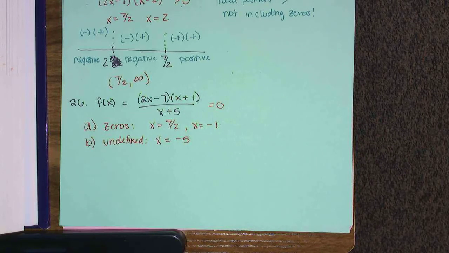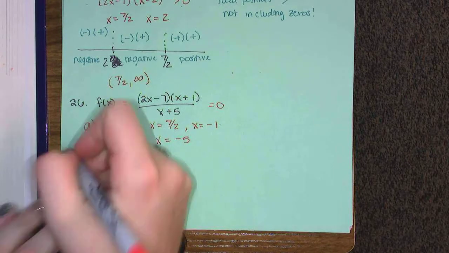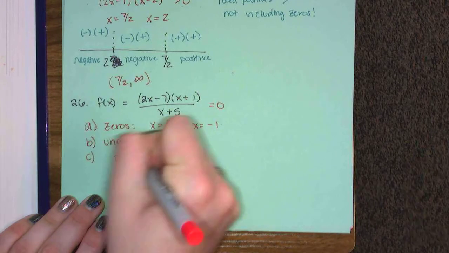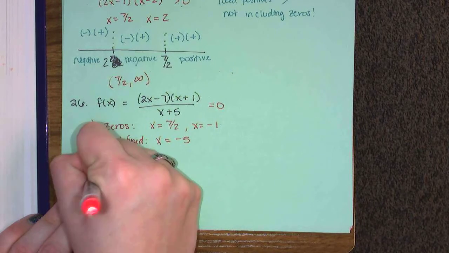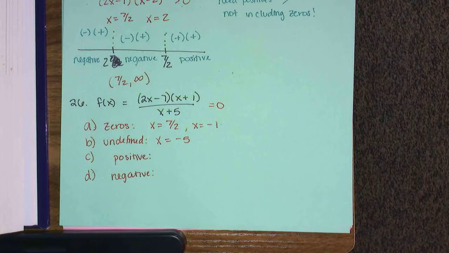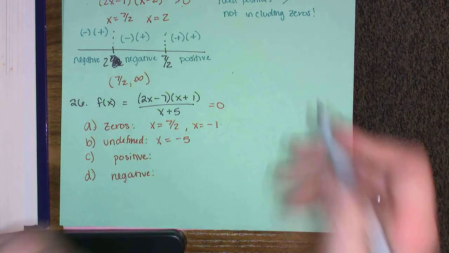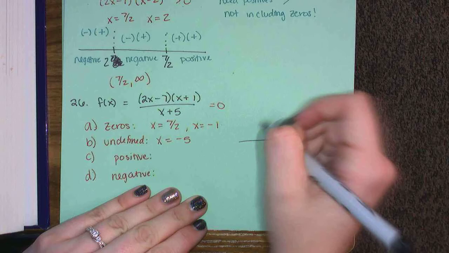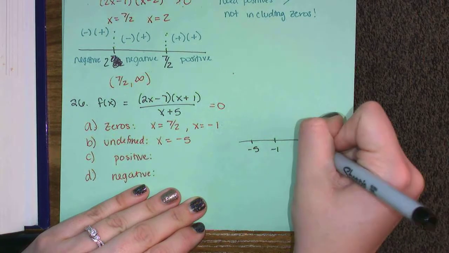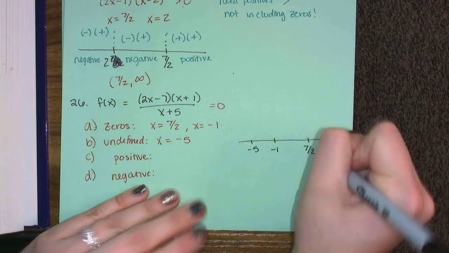So we're going to set up our sign chart. I'm just going to go ahead and make my list over here, and I'll do my sign chart over to the right. So I have negative 5, negative 1, and 7 over 2.